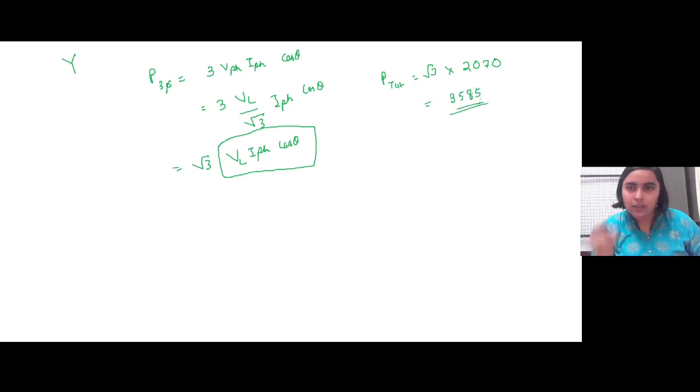So this is the total power that has been consumed. Each phase will be this divided by 3, which is around 1195, if we just divide it by 3.